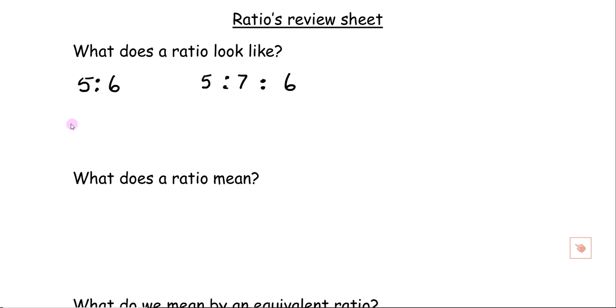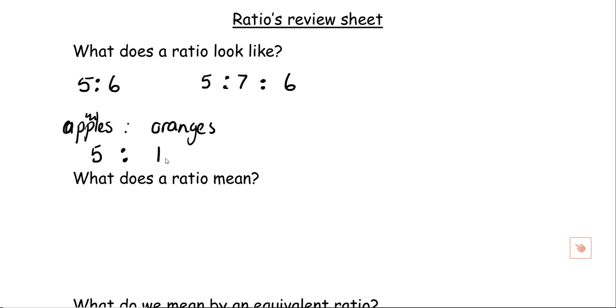So could I say we could have, if I say apples to oranges, could that be like a ratio? And then if I said 5 to 1, that's a ratio. And does it matter what order the 5 and the 1 go in?